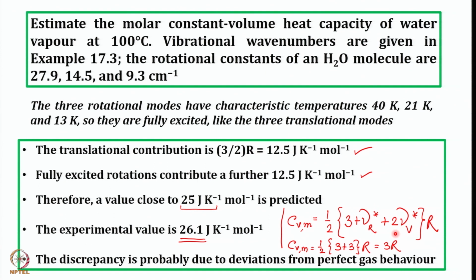That is by the comparison of experimental temperature and characteristic temperature of that mode of motion. But remember that this expression can only be used to estimate the molar constant volume heat capacity. It is not an actual calculation, it is simply an approximation, an estimation of the value.